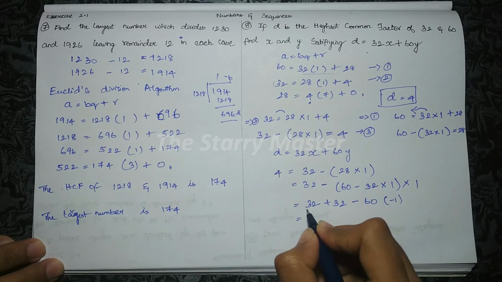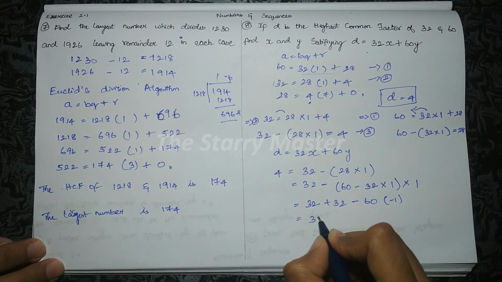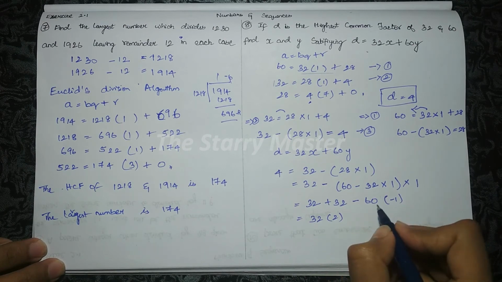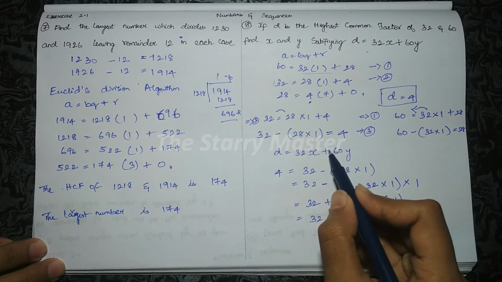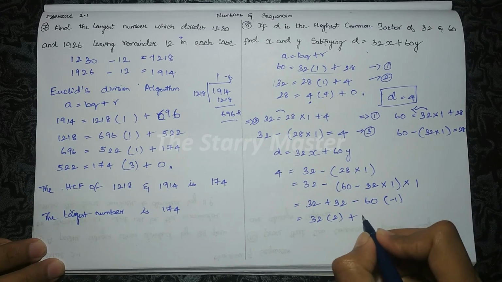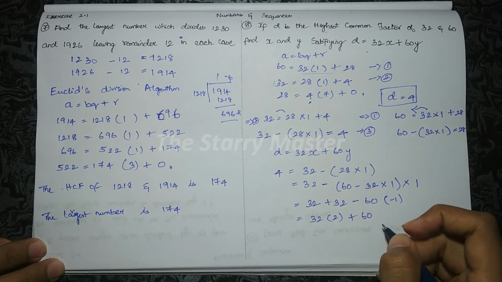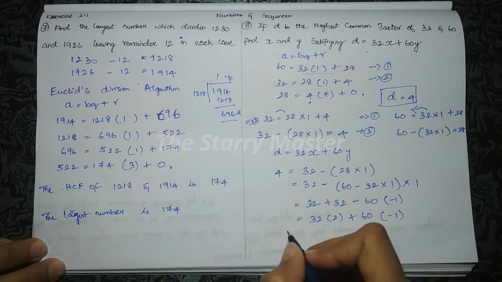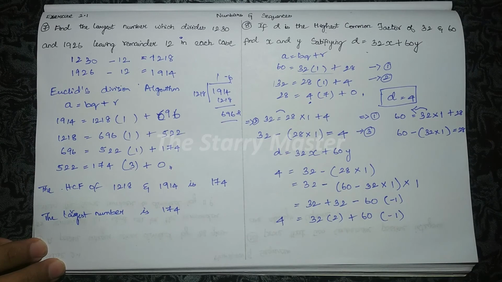Here we have 32 two times, so let's take 32 into 2, and here we need plus 60 into minus 1, so that we can get the value 4 here.